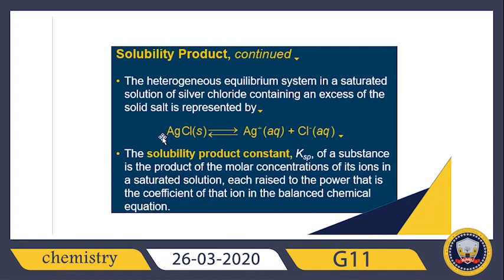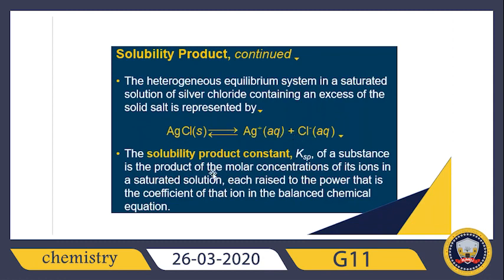For example, here we have the equilibrium equation for the dissociation of silver chloride. AgCl, a solid salt, will dissolve and yield the silver cation and the chloride anion. As we can see, 1 mole of AgCl yields 1 mole Ag+ and 1 mole Cl-.